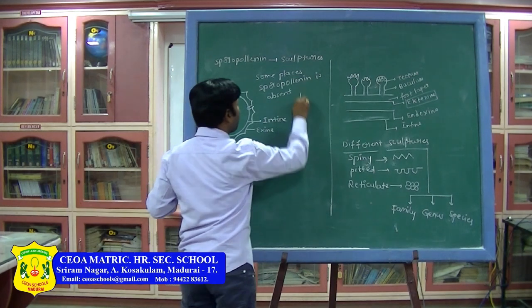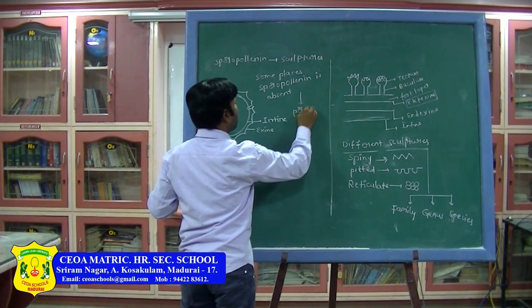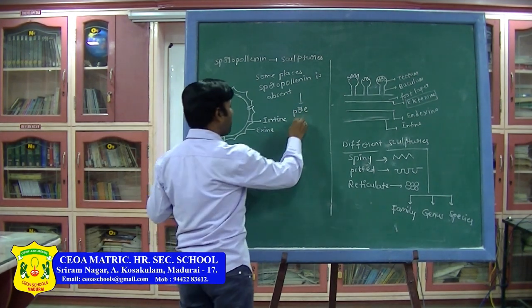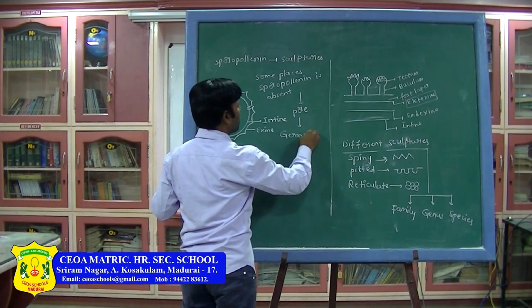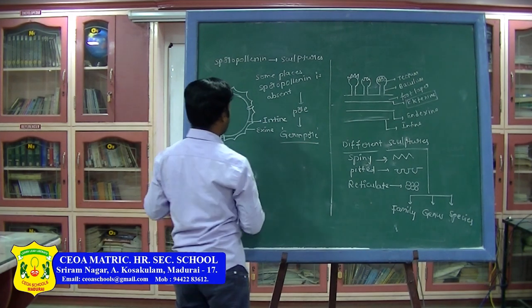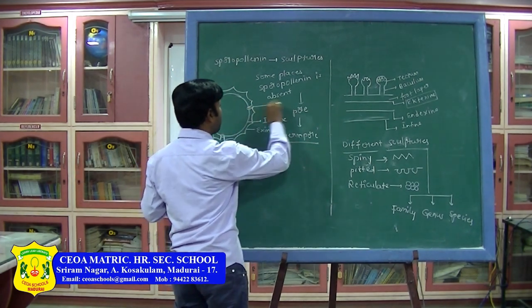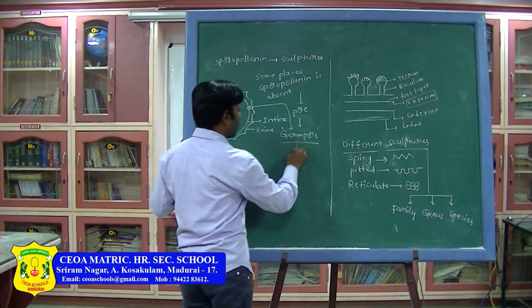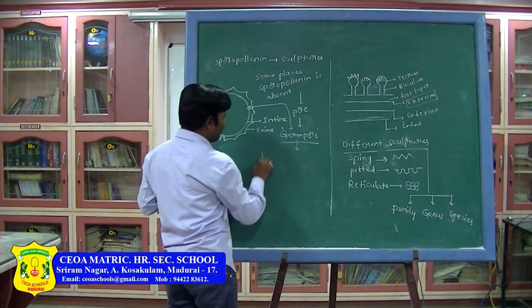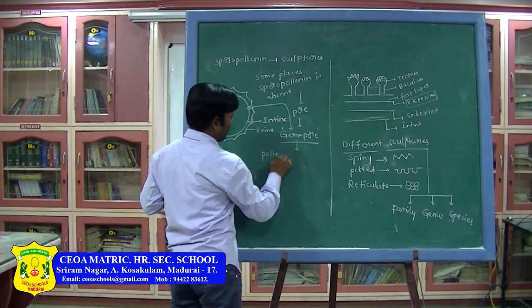Due to that, what happens? A pore like structure is forming. That pore like structure we are calling a germpore. From the germpore, the pollen tube germinates. Very important.